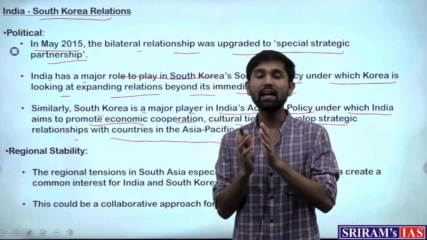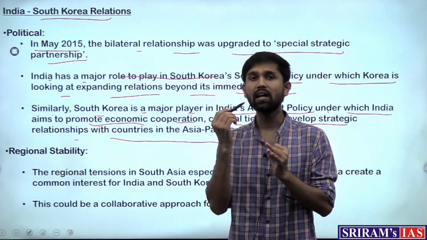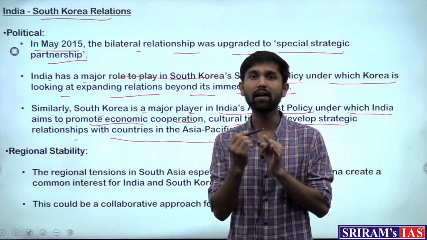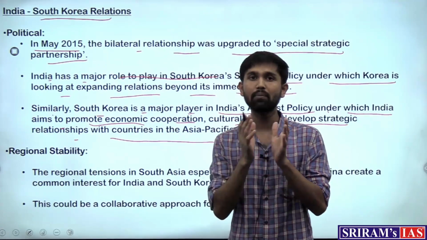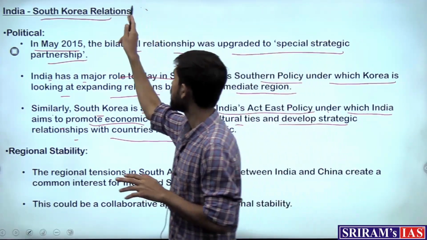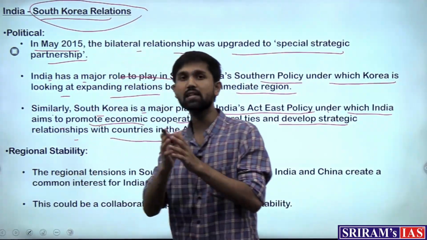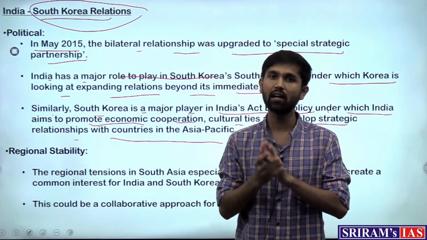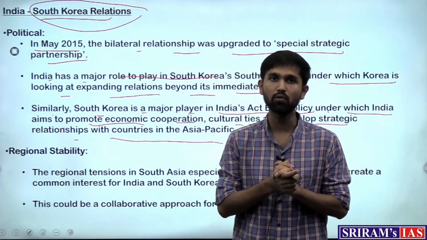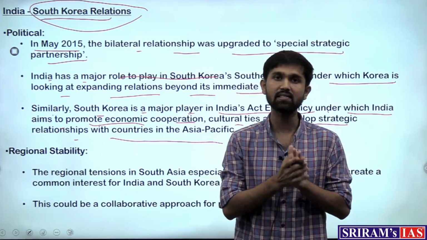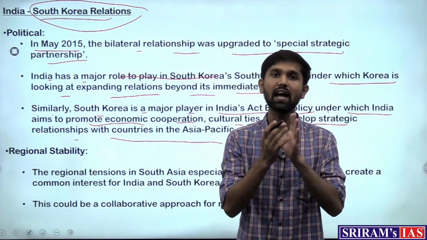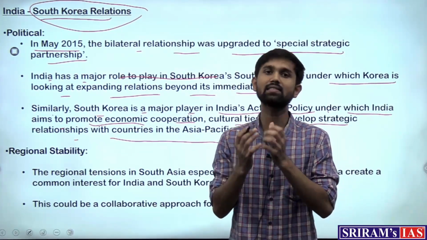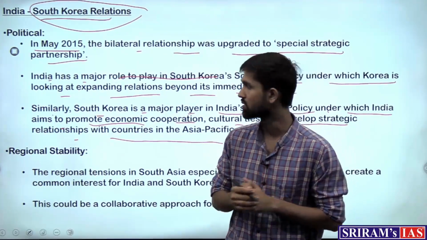So currently, India is engaging with Vietnam and Japan, and now apart from Vietnam and Japan, if India is able to establish strategic and political ties with South Korea as well, it will again enhance its Act East policy and its move to strengthen its relationship with the East neighbors.